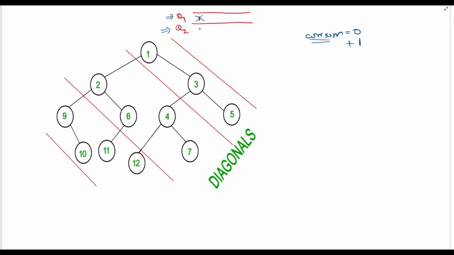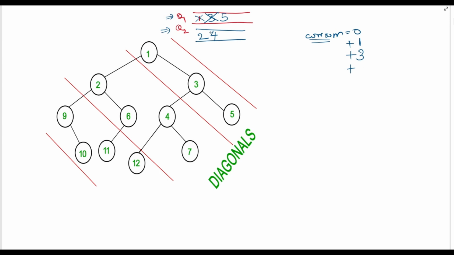So once left, you push it in Q2, and once right, you push it over Q1, correct? Again, take out the element which is there and add it into the current sum. Again, 3's right, you put it in the same Q1, and 3's left, you can put it in the next iteration, to be considered in the next iteration.